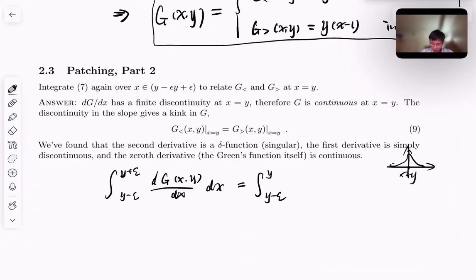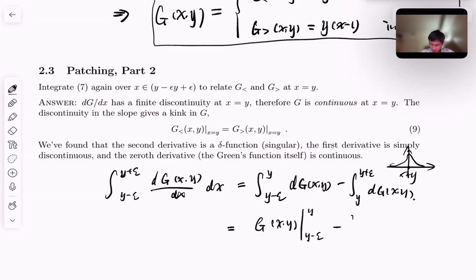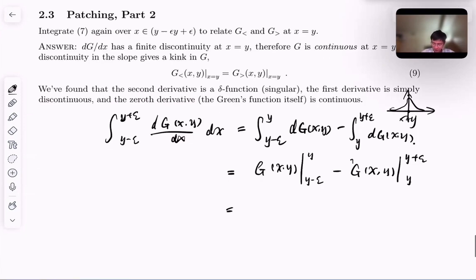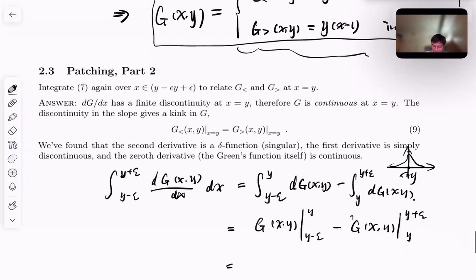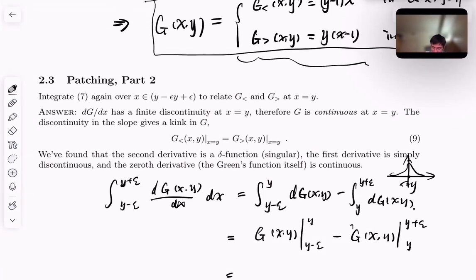So we need to take the integral from y minus epsilon to y and from y to y plus epsilon of dg, which equals g at y plus epsilon minus g at y minus epsilon. We just take these two things into the equation.